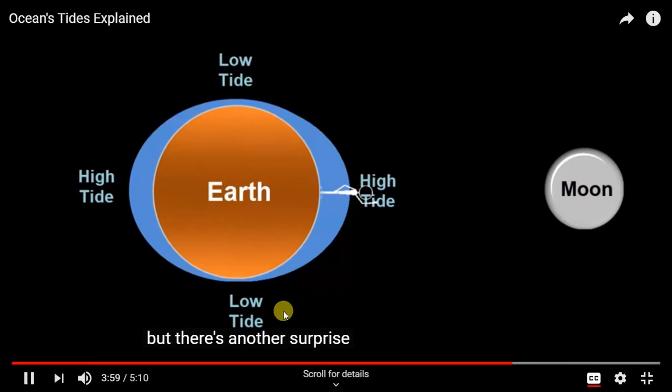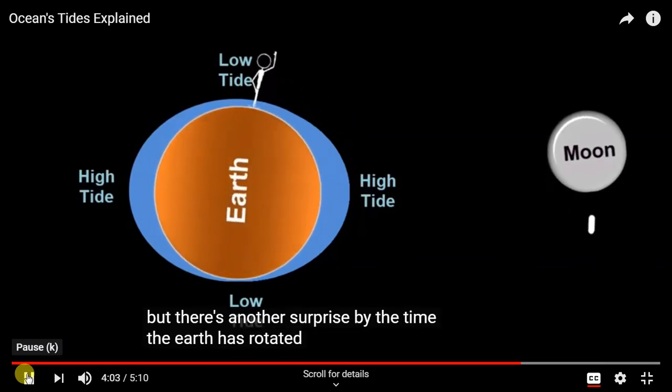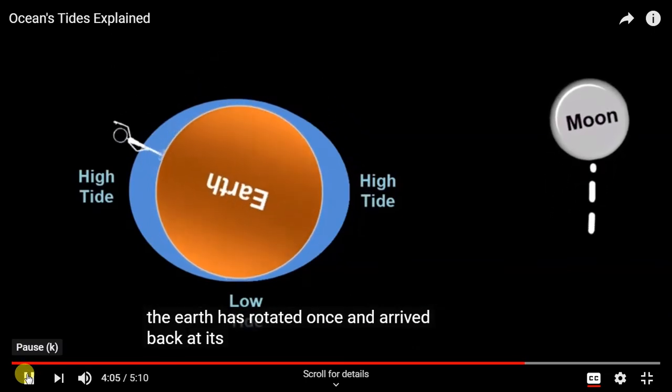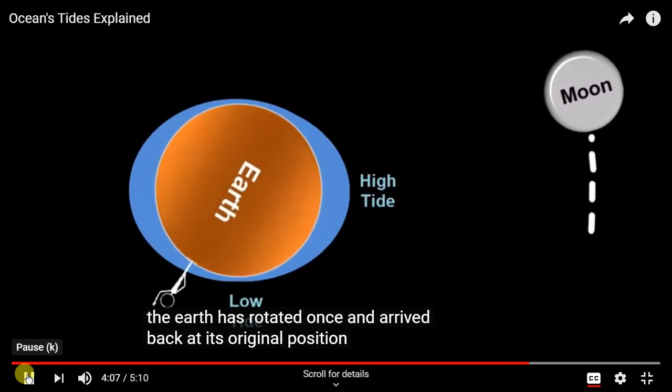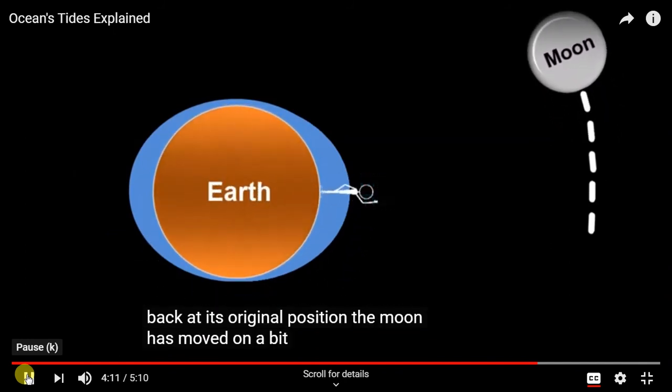But there's another surprise. By the time the Earth has rotated once and arrived back at its original position, the Moon has moved on a bit because it's orbiting the Earth. Here pay attention. Let's, for example, talk about the high tides the next day.